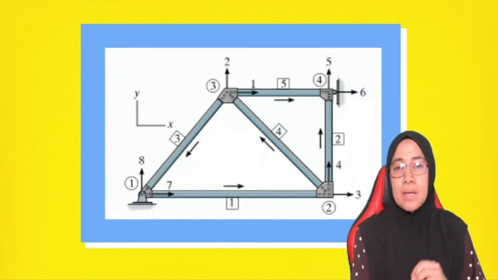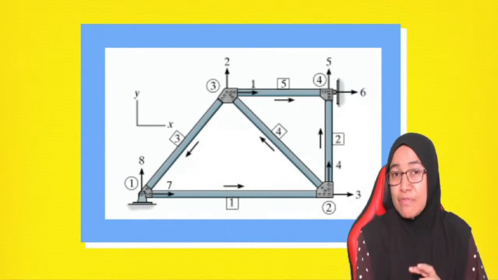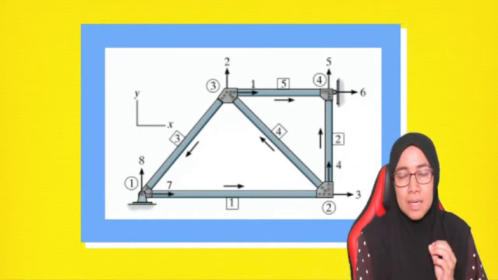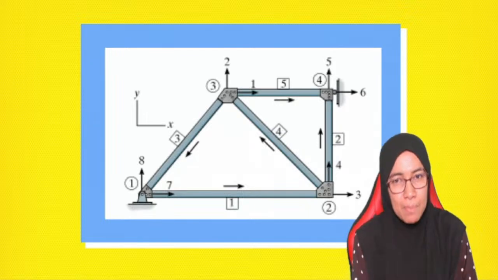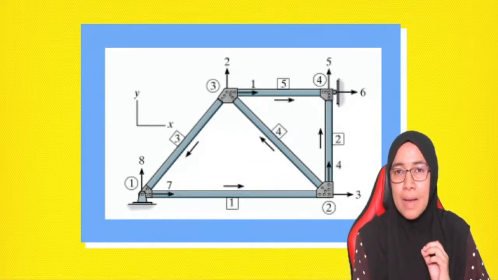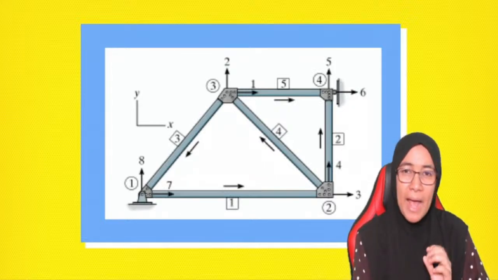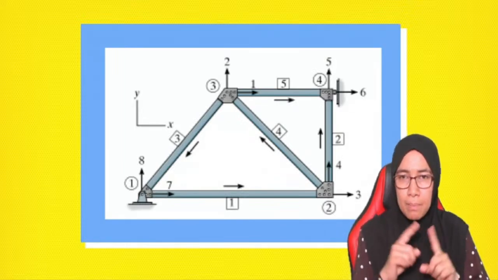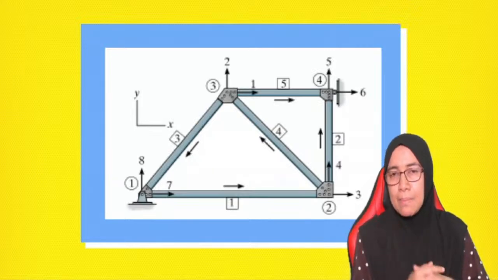But for the stiffness method, we replace the member with element, and for elements we use numbering as well. We write the element number in a box.